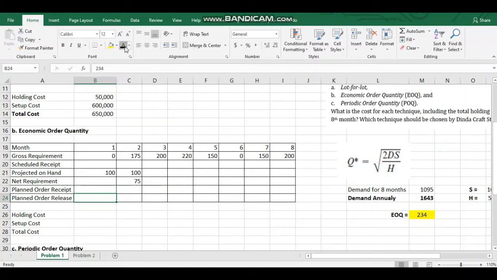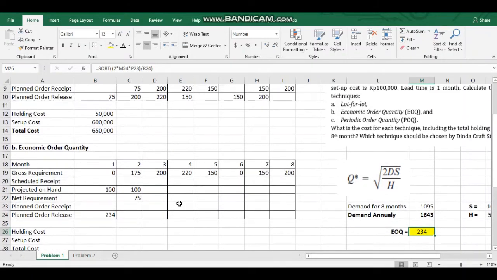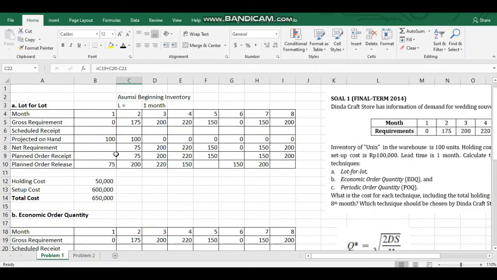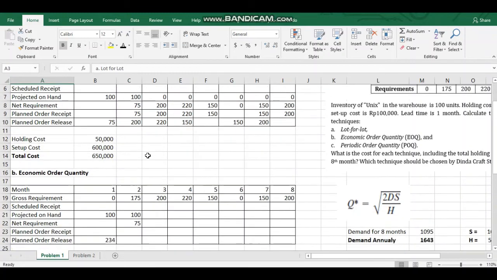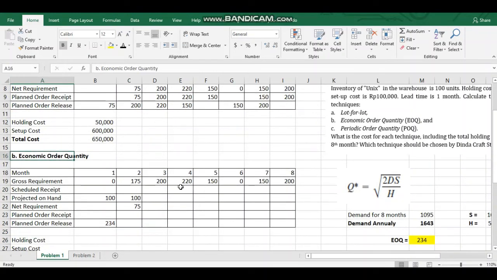So in this technique, every time we place an order, the amount will equal the EOQ. We're not ordering exactly what we need. That's the difference between the lot for lot technique and the economic order quantity. So the amount for the planned order release for economic order quantity will always be 234 units.